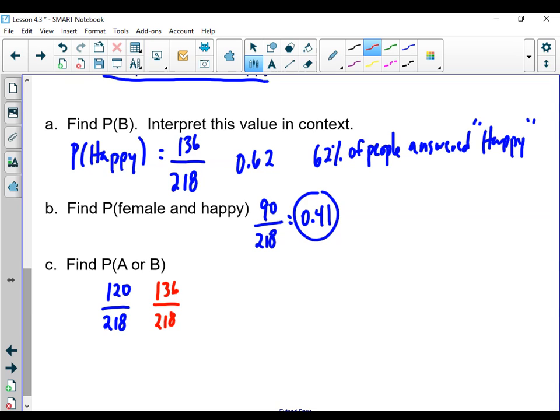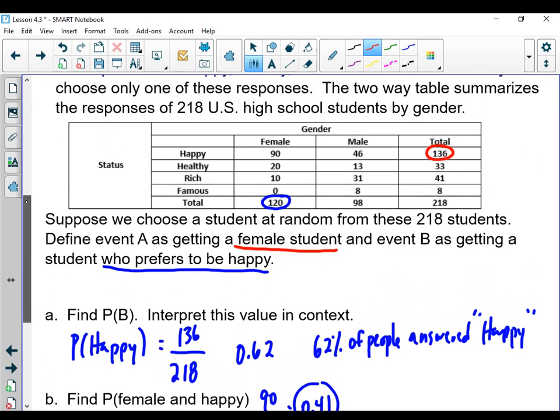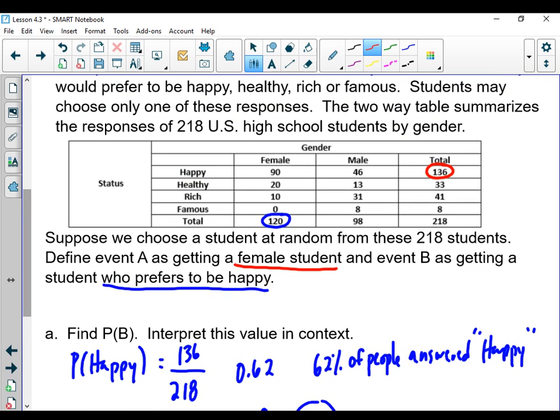And we said that if they're mutually exclusive, all we have to do is add these two together. However, are these two mutually exclusive? Well, we already know that they're not mutually exclusive because we already looked at a situation where females answered they wanted to be happy. So if I think about what I just totaled up, when I totaled up the females, I added up all these values here, the 90, the 20, and the 10.